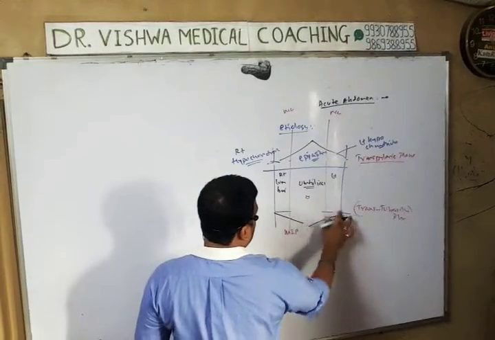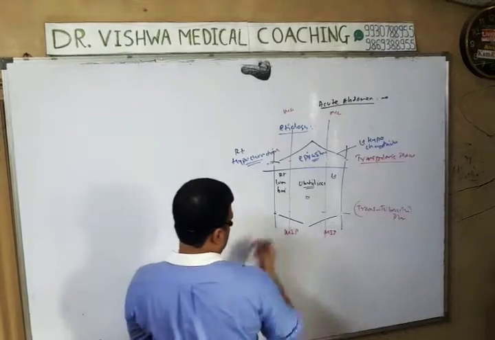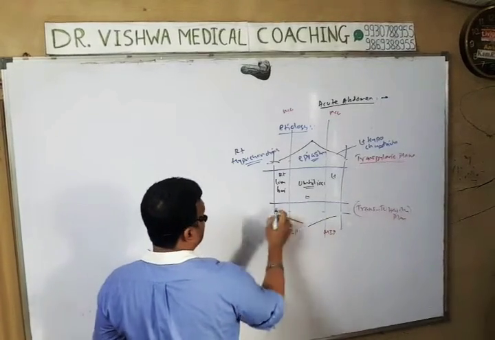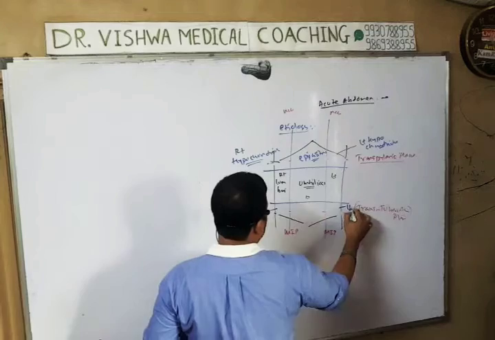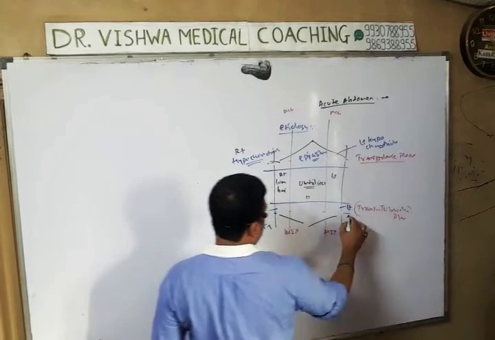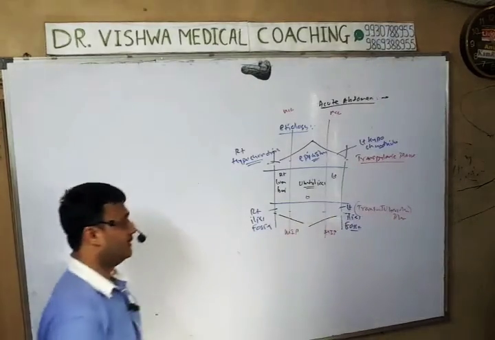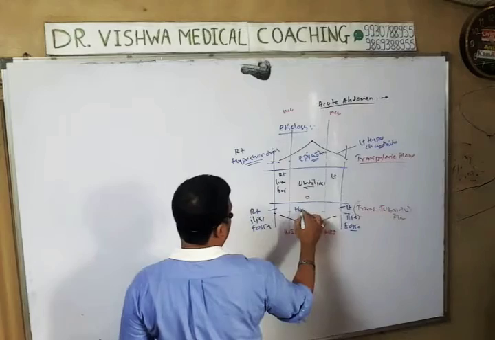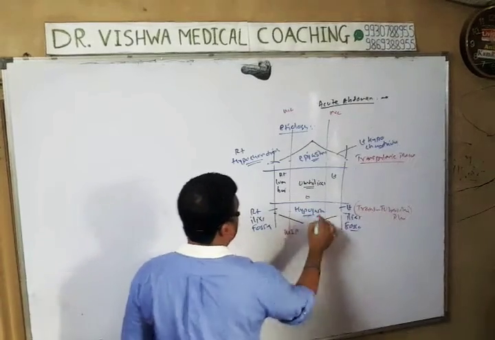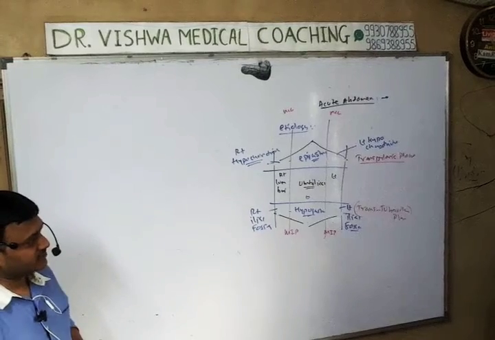Let me also draw this a little higher. This is right and left iliac fossa. And this is hypogastric. So these are the 9 regions of the abdomen.